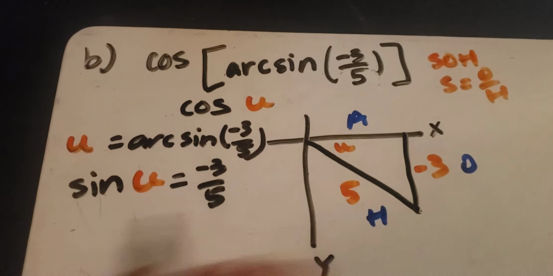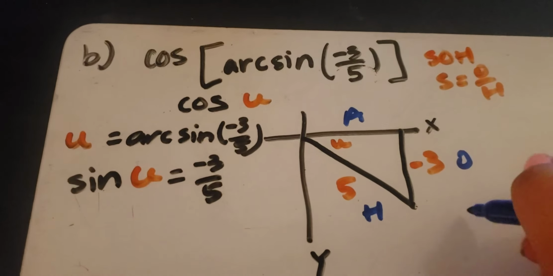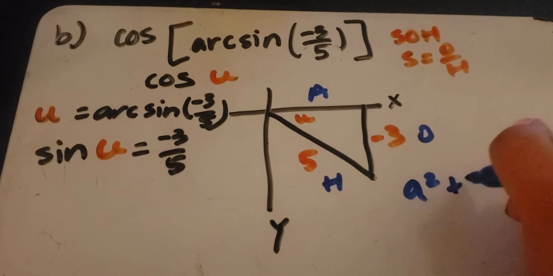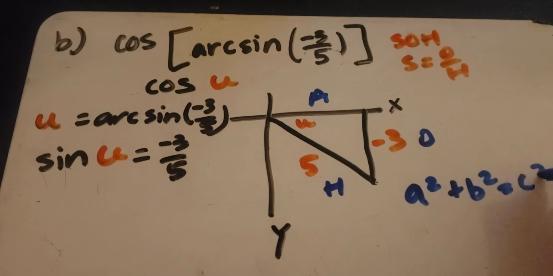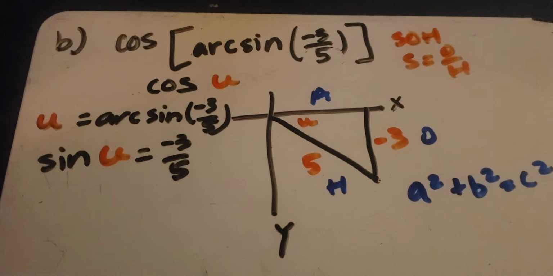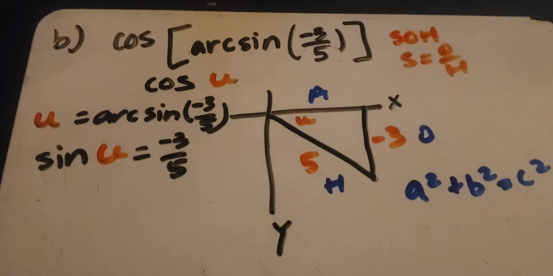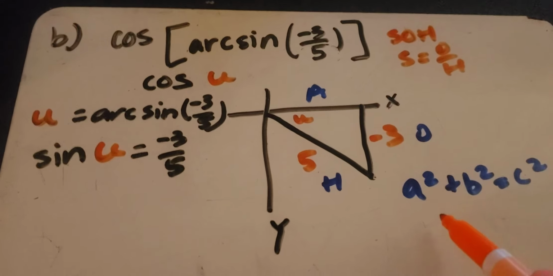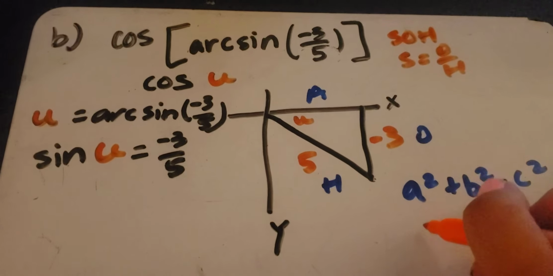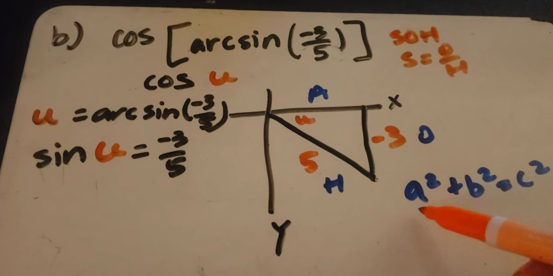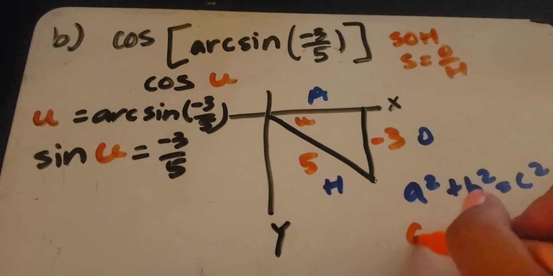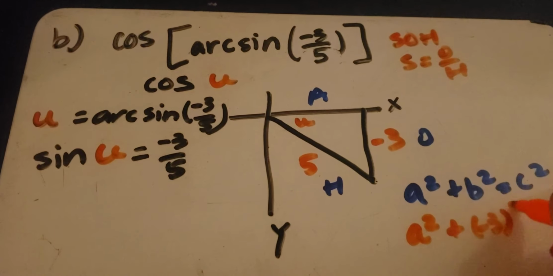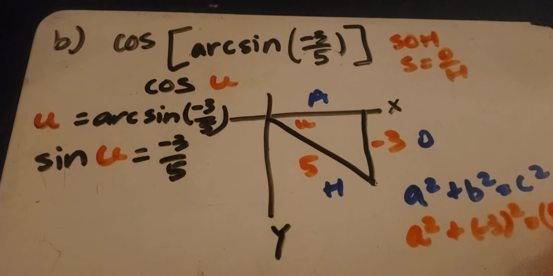Once again, you're going to be using the Pythagorean theorem: a squared plus b squared equals c squared. We should technically be able to go a little bit faster with this one. a and b are my legs, so I'm going to call little a the adjacent. So a squared plus -3 squared equals 5 squared.